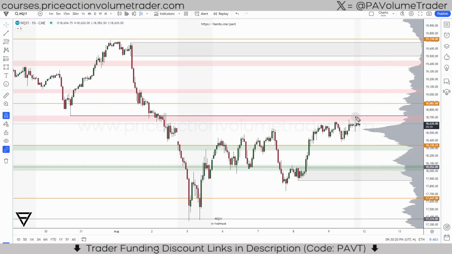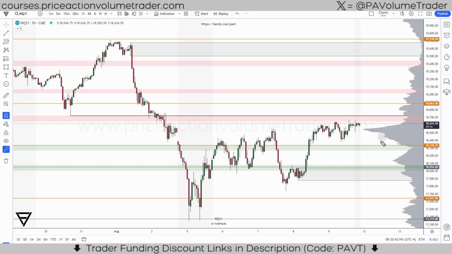But it's very important to know what your execution signals are and know that making a good analysis is obviously one part of the equation, but then knowing how to properly execute based off that analysis, making the scenarios.